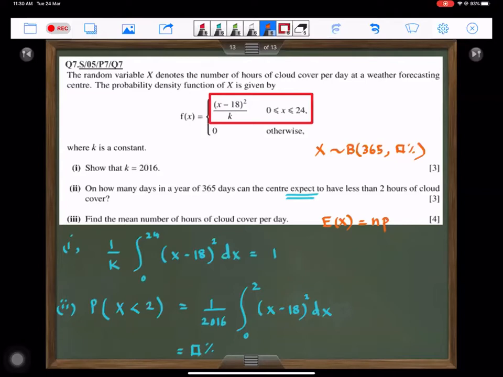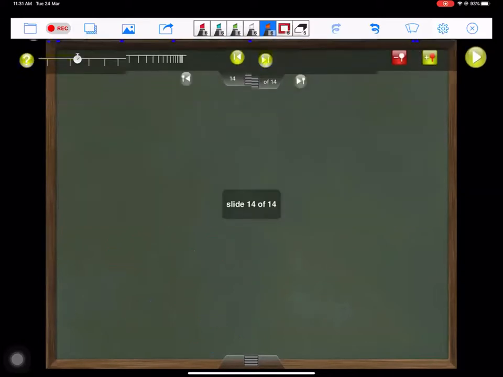Just like in S1, you did questions in which you had to find the probability that the weight of an apple is lesser than 210 grams, and then you calculate the probability. If you have forgotten that, let me recap it for you. For example, x follows a normal distribution with mean 200 and variance 100.